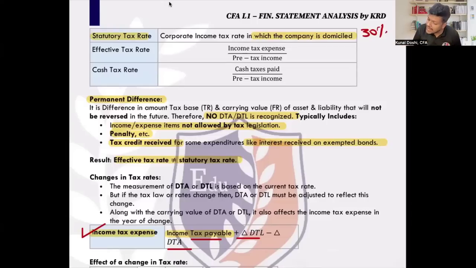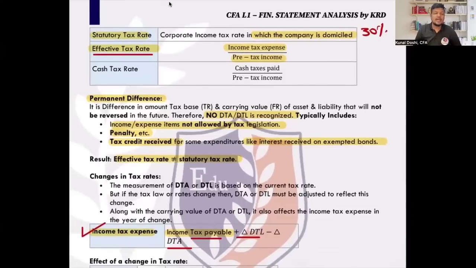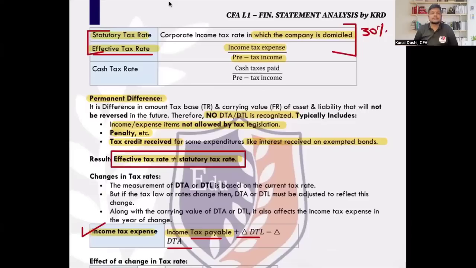But effective tax rate is the tax rate that you actually pay on your pre-tax income. It is the income tax expense as per financial reporting on EBT, that is pre-tax income. When these two do not match, it is called a permanent difference.